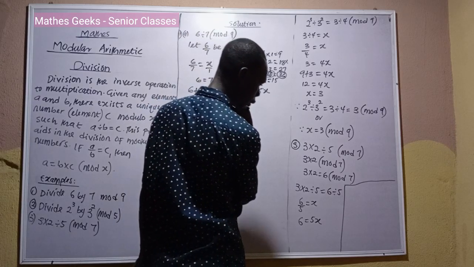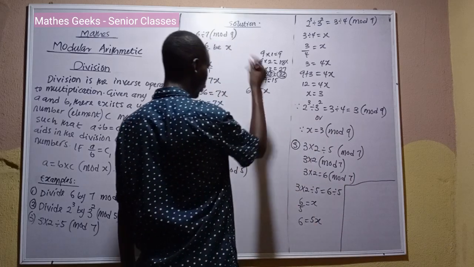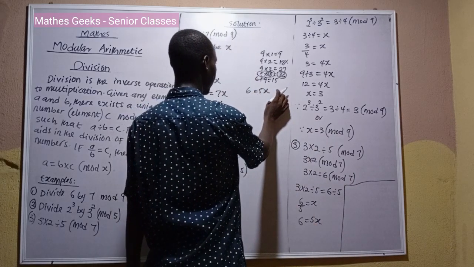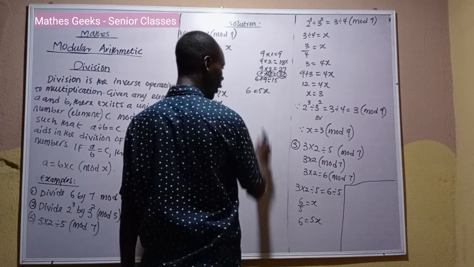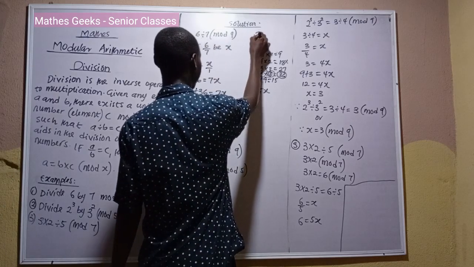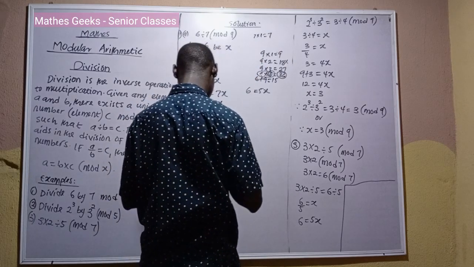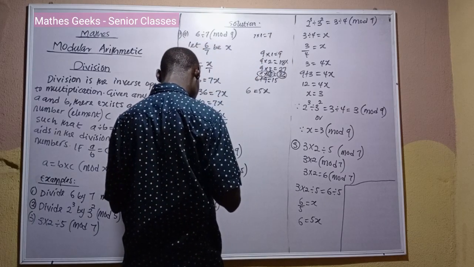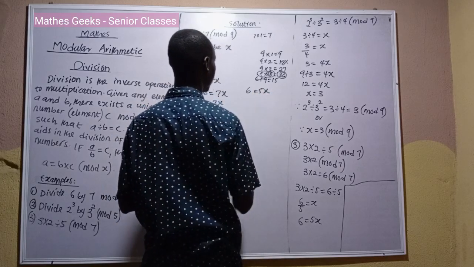What number are you carrying out this division in? Mod 7. So look for the multiple of 7 that if you add it to 6 will be divisible by 5. The first multiple of 7 is 7 times 1, which is 7. 7 plus 6 will give us 13. 13 is not divisible by 5, so we ignore it.